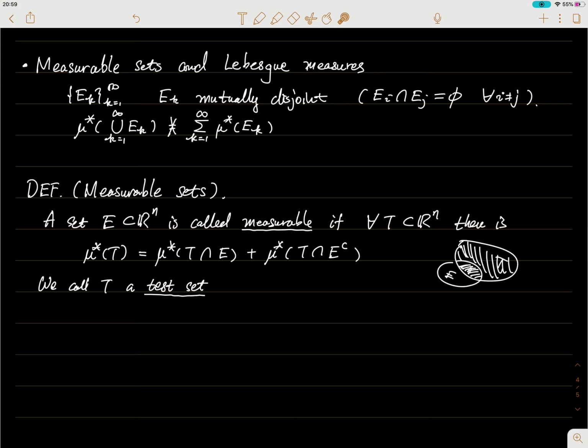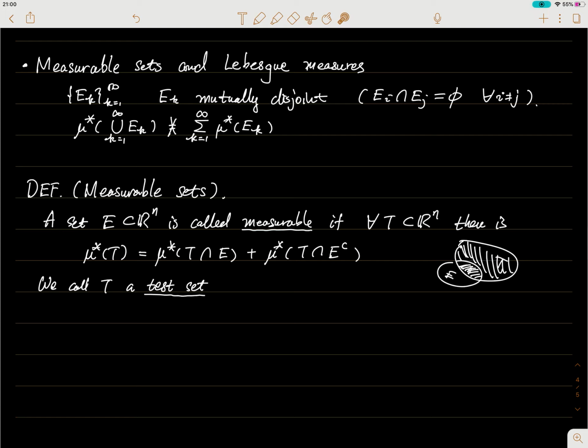Okay, so it seems like the T can be used to measure any other sets, in the sense that if you partition the set T into two disjoint parts, this and then this, the outer measure has this additivity.